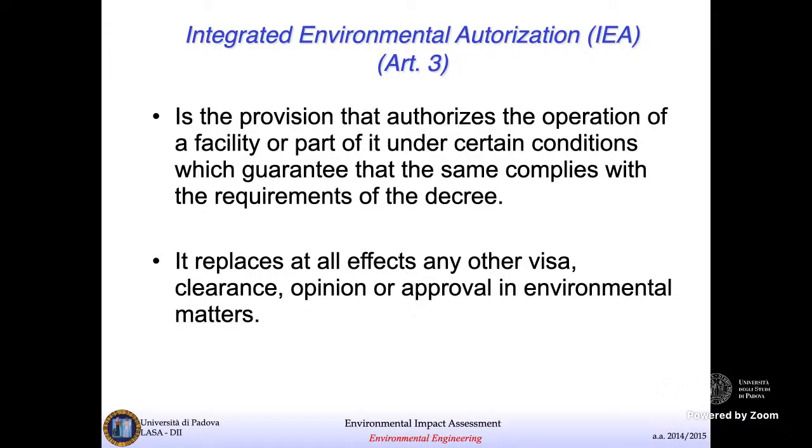This tells you that if your plant gets an integrated environmental authorization and your plant already had a judgment of environmental compatibility obtained after an environmental impact assessment procedure, then it will be the integrated environmental authorization that takes its place and replaces the judgment of environmental compatibility.